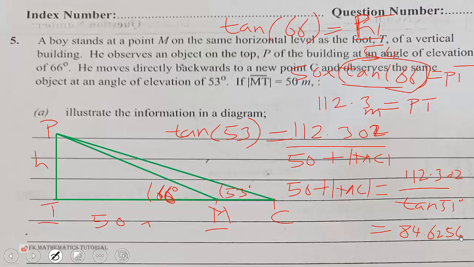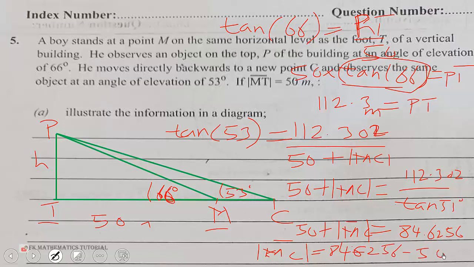So 50 plus the magnitude of MC is equal to that. So the magnitude of MC will be equal to 84.6256 minus 50.